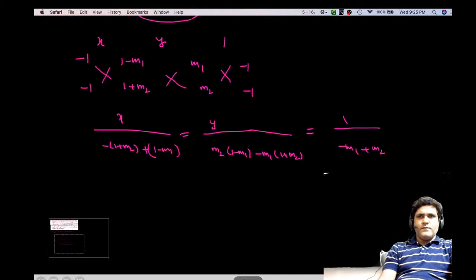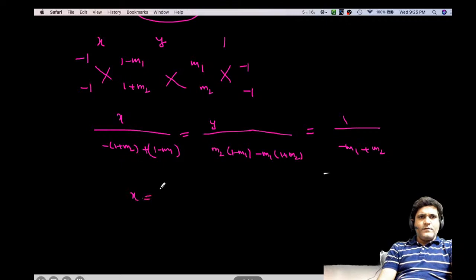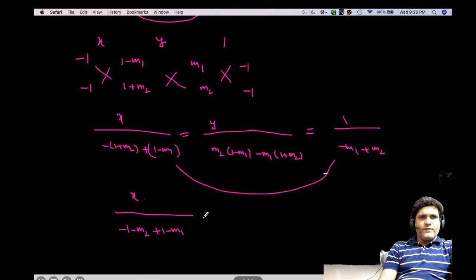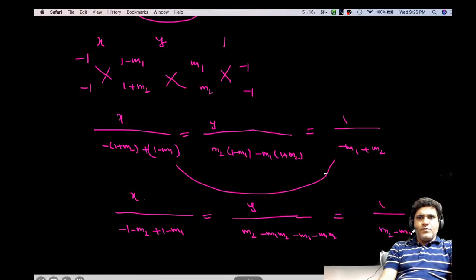So the point of intersection will be: from here you will get the x coordinate. x by minus 1 minus m2 plus 1 minus m1 is equal to y by m2 minus m1 m2 minus m1 m2, which is equal to 1 by m2 minus m1.